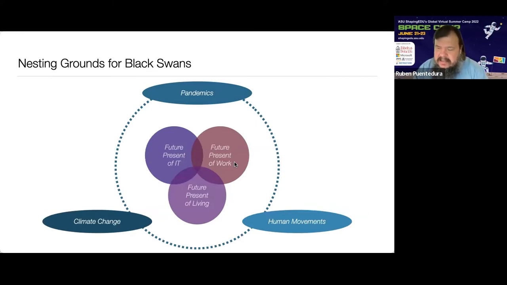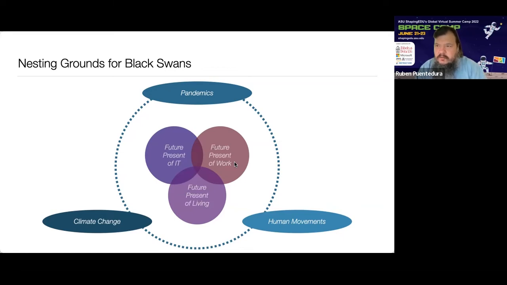So I told you, you can't tell when a black swan is going to hit you or where it's coming from. But it is true that you can identify places that are likely to give rise to black swans. And over the past few years, I've been working on the question of, can we come up with a compact set of what I'm calling nesting grounds for black swans? These are not black swans in and of themselves.